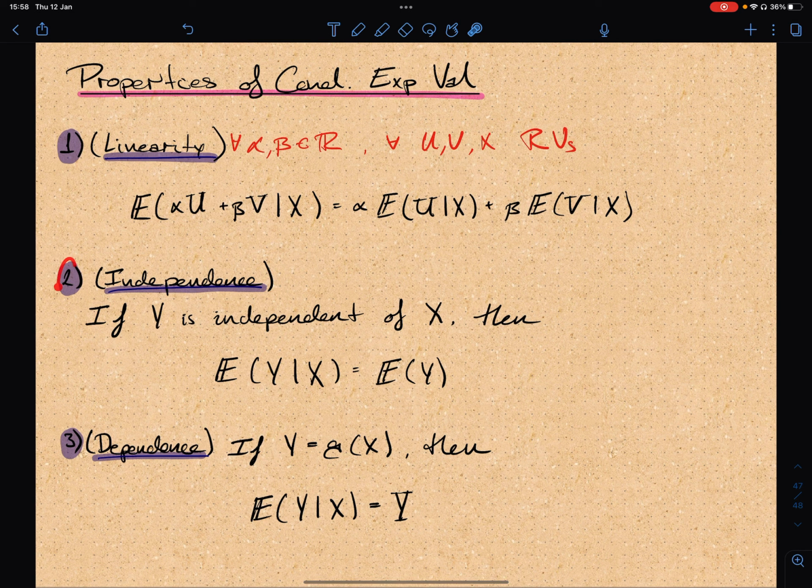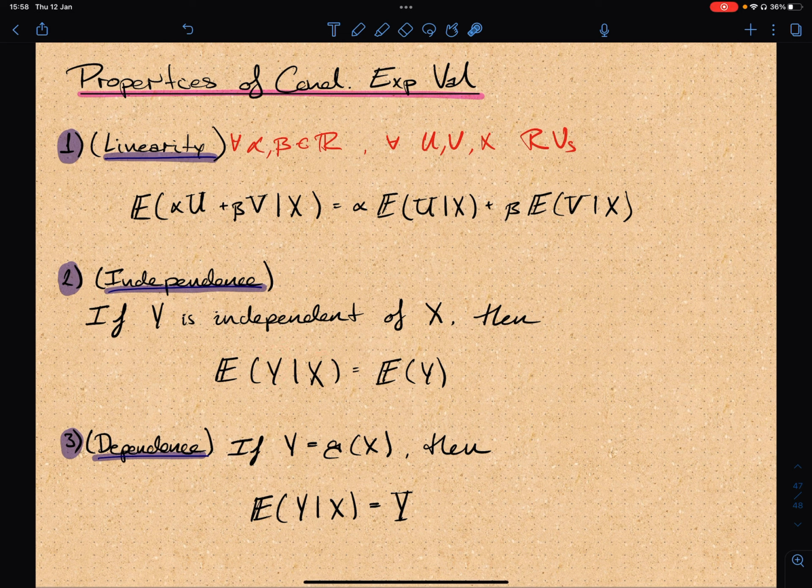And we have these two other properties of conditional expected value. First is independence. If y is independent of x, then the conditional expected value of y given x is just equal to the expected value of y. This is consistent with the interpretation that the conditional expected value of y is the best approximation of y given x.